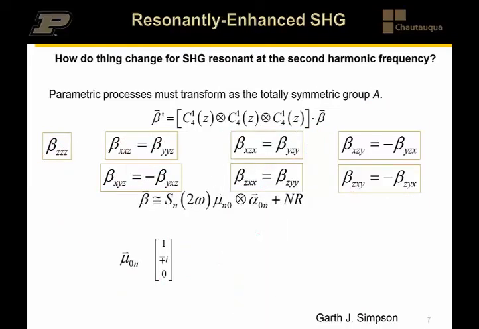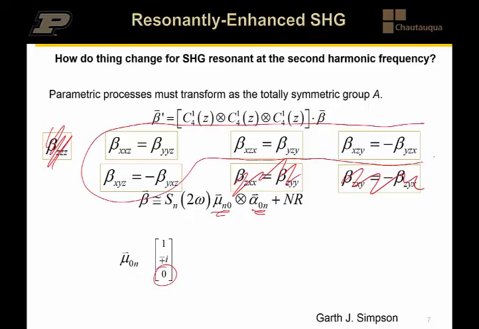For second harmonic generation, where we're resonant at the second harmonic frequency, we now have something where alpha mu is now the product. And so the first index corresponds to the transition moment, and we can remove everything where the first index starts with a z. So that corresponds to these, and what we're left with is this set of 4.